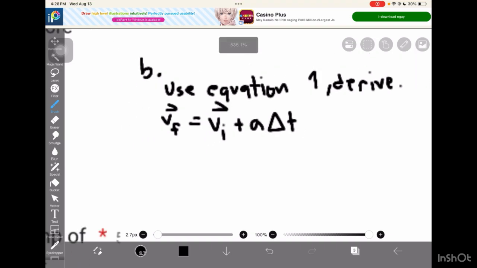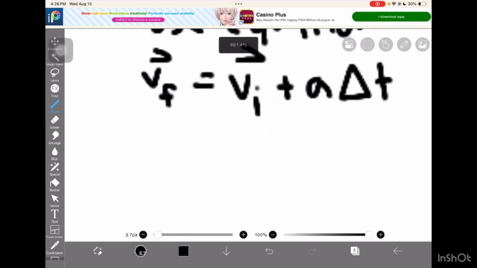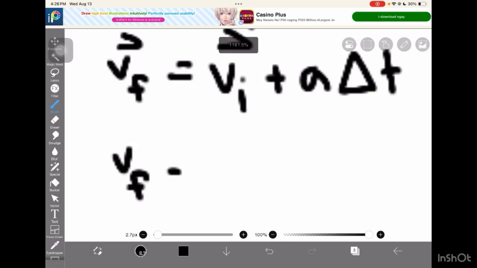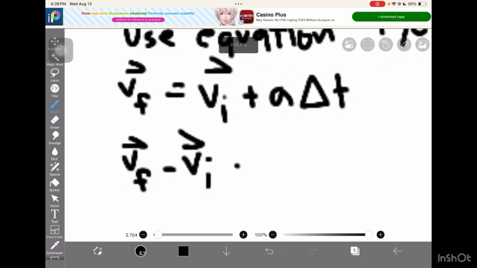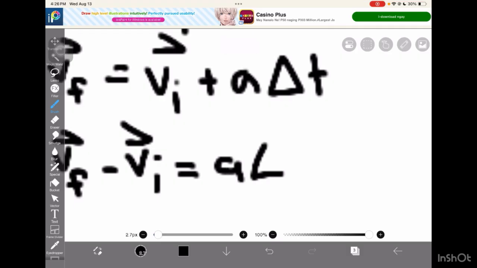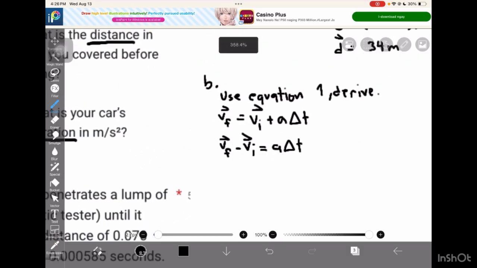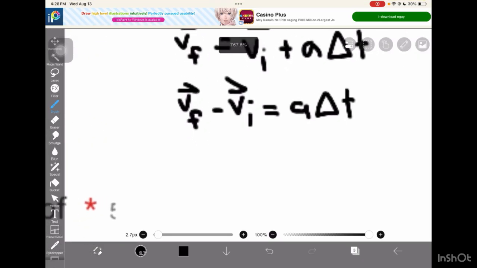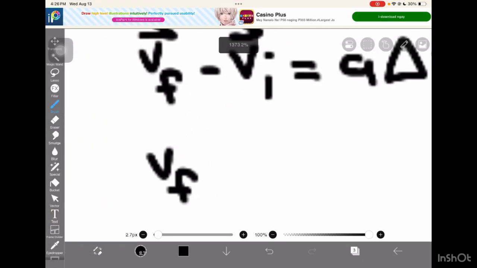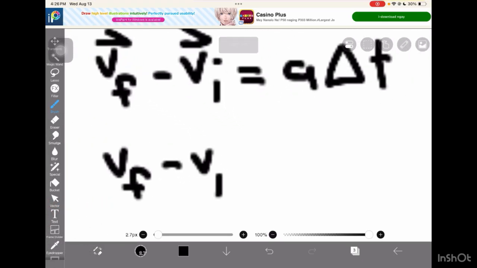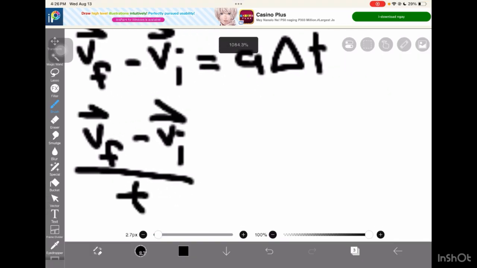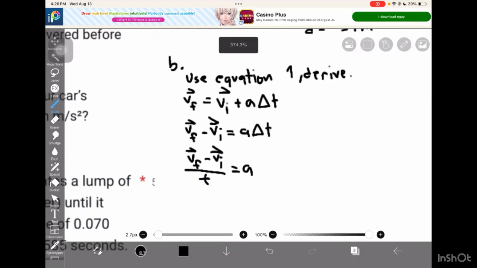So we want to derive a. So v sub f minus v sub i is equal to a delta t. We want only a, so we divide both sides by t. We get v sub f minus v sub i, all over t, is equal to acceleration. Then we substitute.